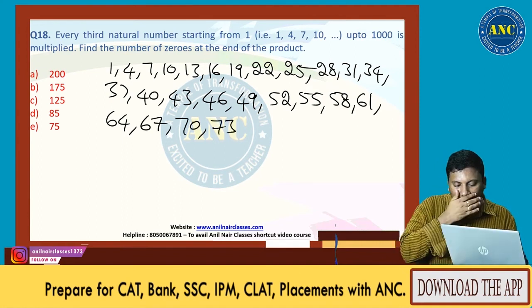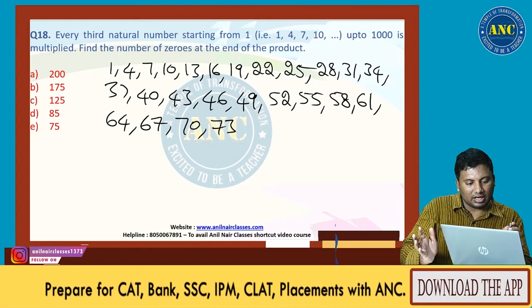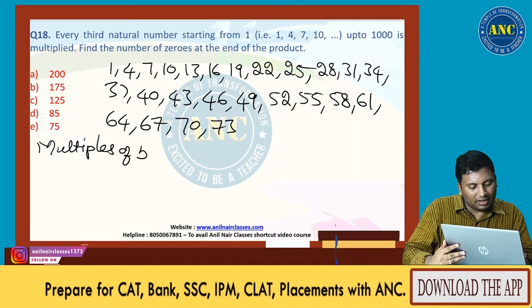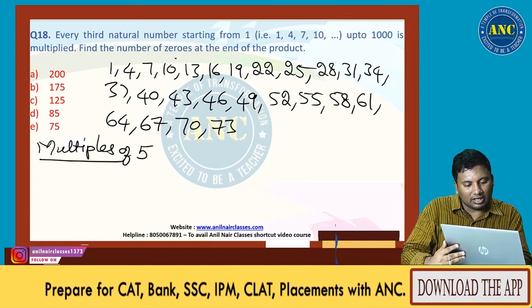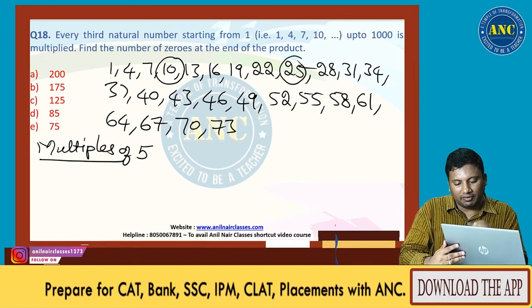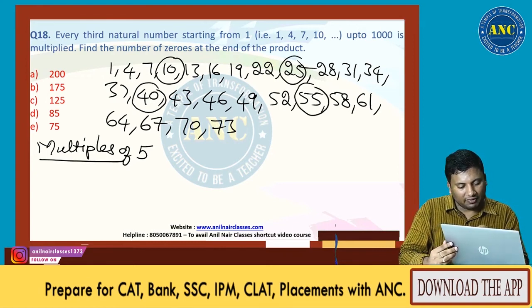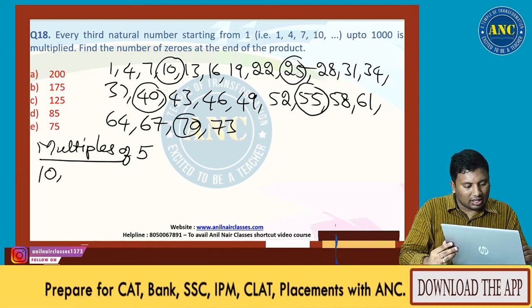Which multiples are there? The multiples of 5 we have taken: 10, 25, 40, 55, 70.